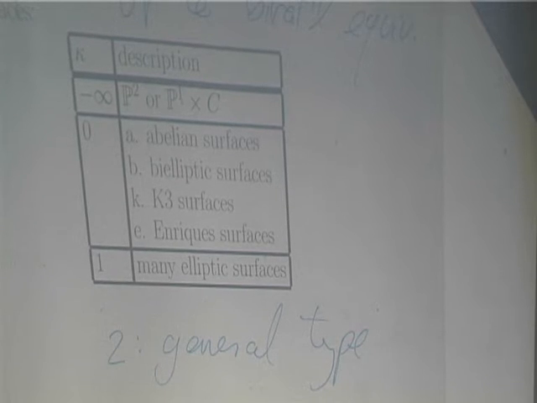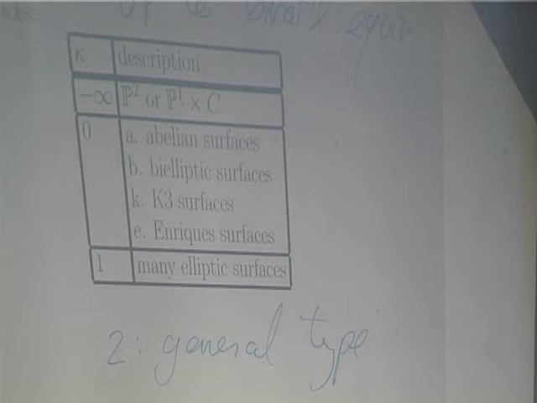And Kodaira dimension 1, I wrote here, are elliptic surfaces. By that additivity, if the dimension of the base is 1 and the Kodaira dimension of the fiber is 0, namely the fiber is an elliptic curve, then the Kodaira dimension is at most 1.